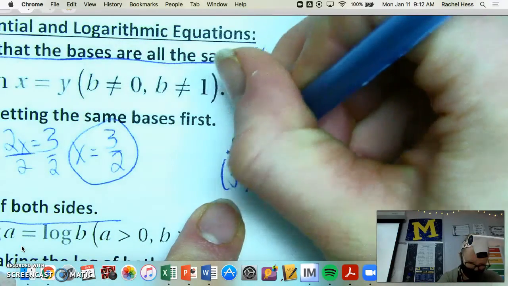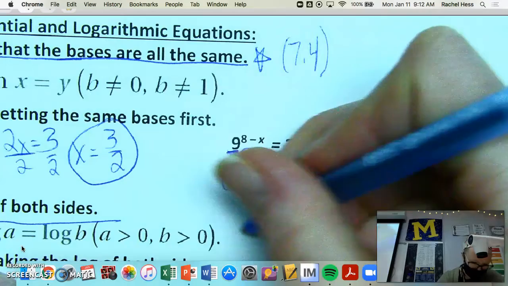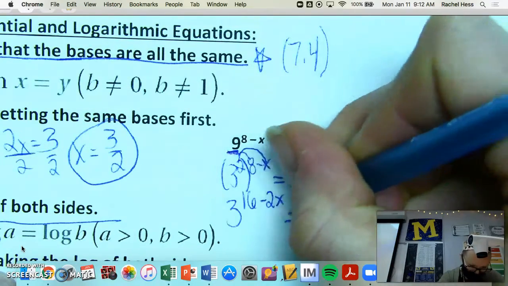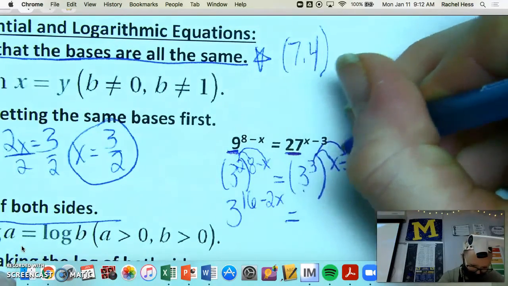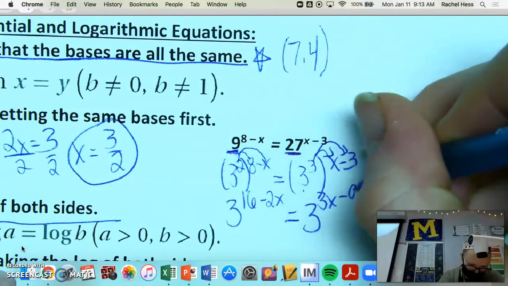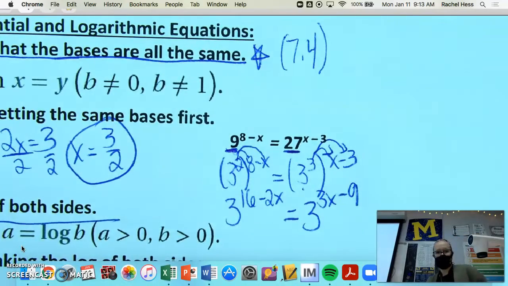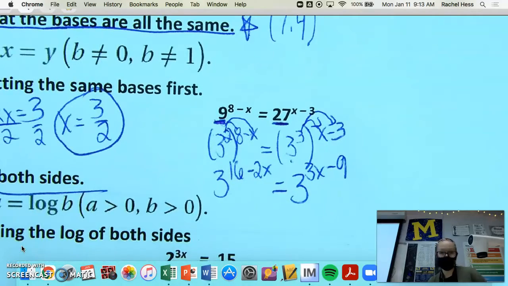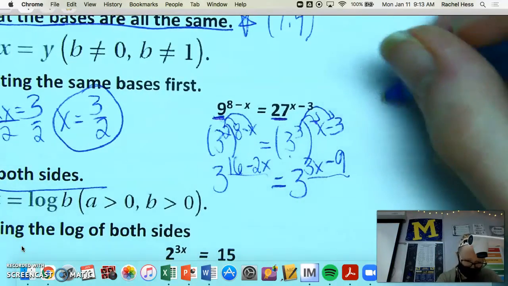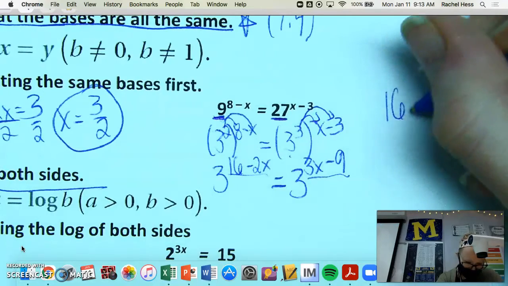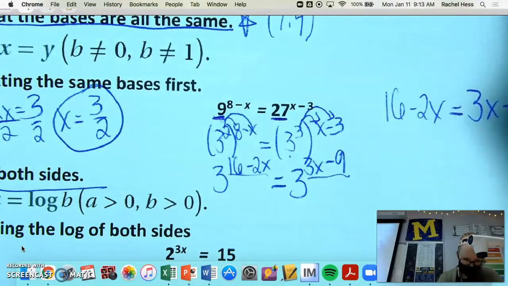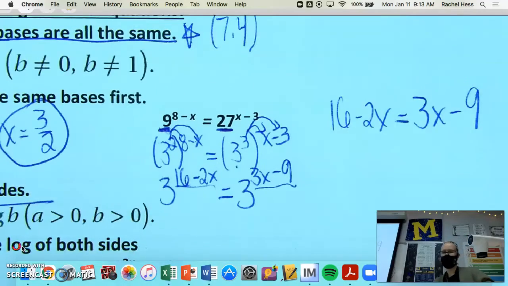So we have to distribute that 2 to our exponent. And here we have to distribute our 3 on this side. Once I have that expression, I can set my exponents equal to each other. And then I can solve.